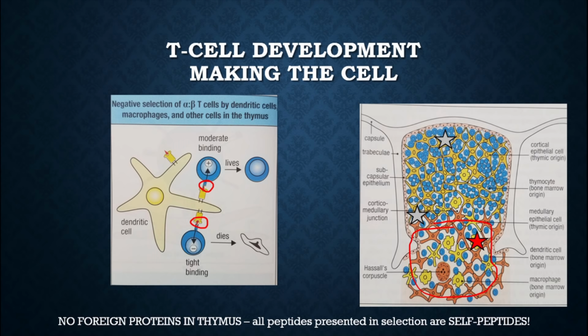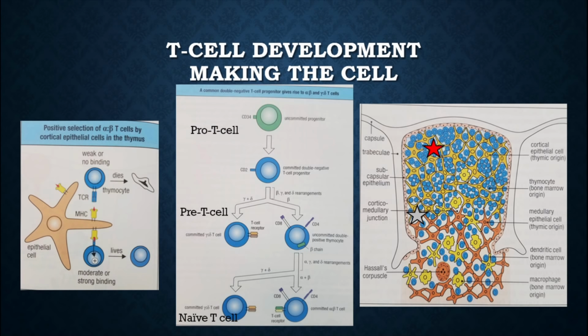If you don't have any foreign peptides in the thymus, what is it for positive selection? Like, what peptide is it reacting to? My understanding is positive selection would be, I believe, I would need to check and read on this, and I don't actually know if it says in our immuno textbook, but it is a designated self-antigen that is used in the thymus just for the interaction of MHC.